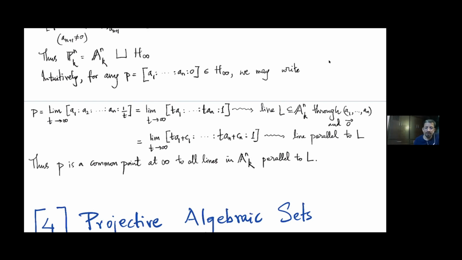I forgot to draw a picture, so maybe I can draw it here. Let's just say a bunch of parallel lines, and I am assigning one point at infinity. So that is my point P here, and L is one such line, and you have a bunch of parallel lines. For all the parallel lines, I'm assigning one point at infinity.